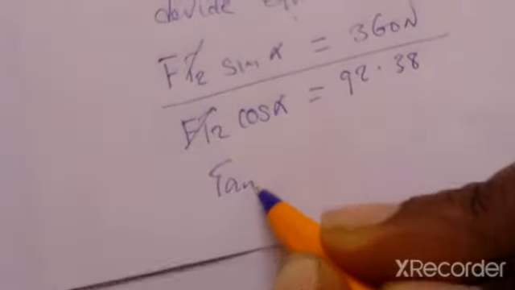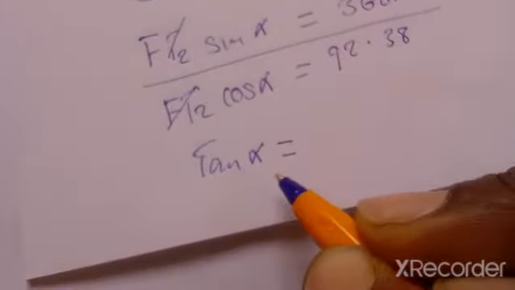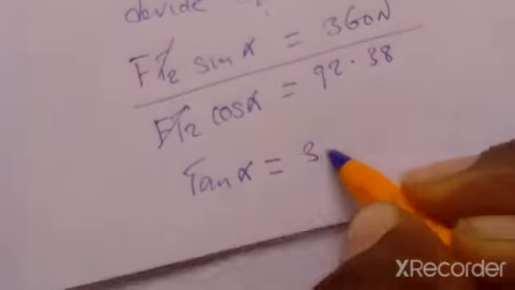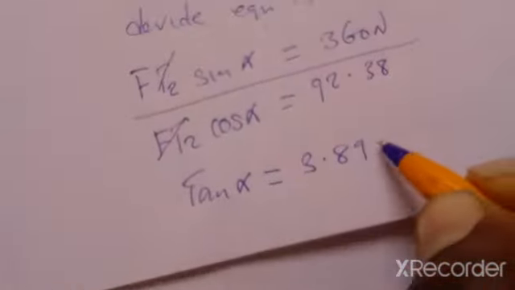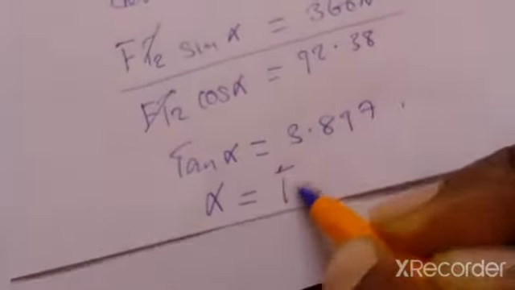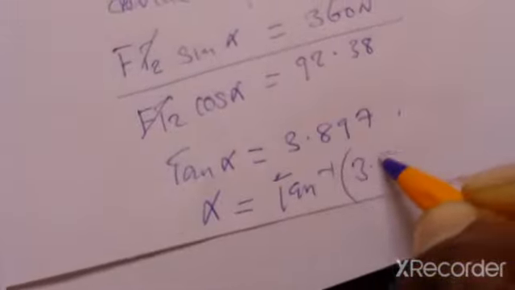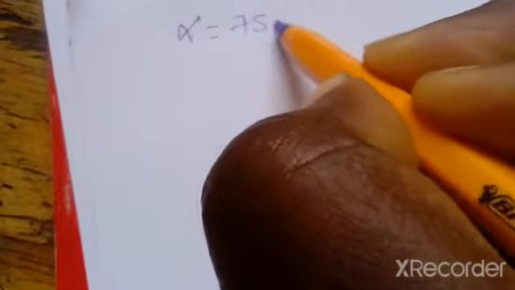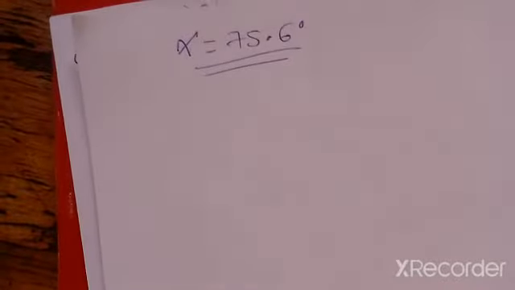So we'll have tan alpha being equal to 3.897. Okay, meaning that alpha is going to be equal to tan inverse of 3.897. Now, if we simplify that, we are going to find that alpha is equal to 75.6 degrees. Now, the question asked us not to find alpha, but to find theta.